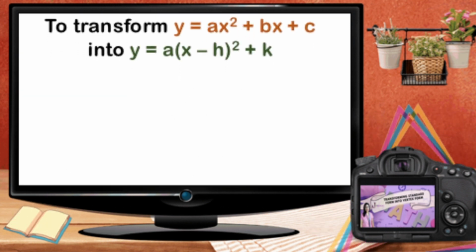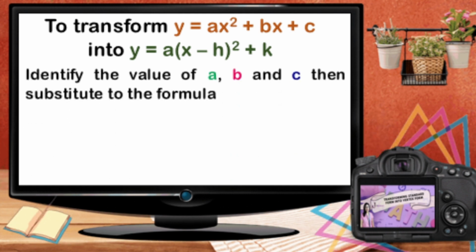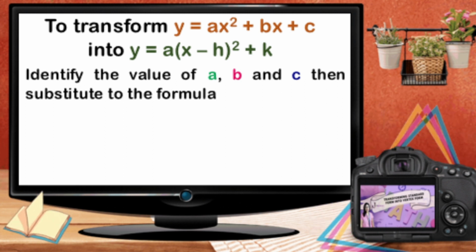To transform standard form y is equal to ax squared plus bx plus c into vertex form y is equal to a quantity x minus h squared plus k, we have to identify the value of a, b, and c. And then we will have to substitute this value in our formula.